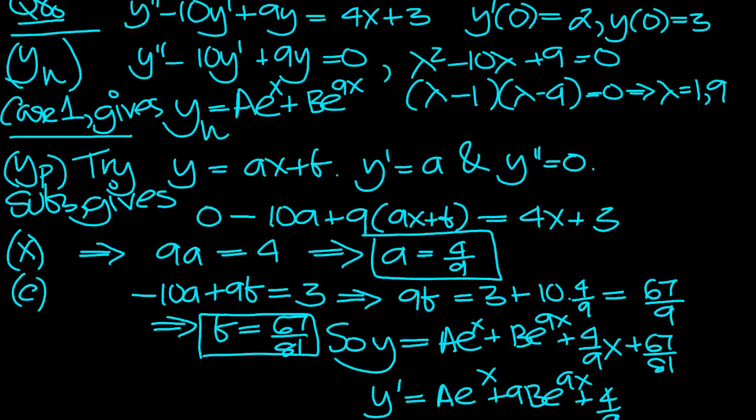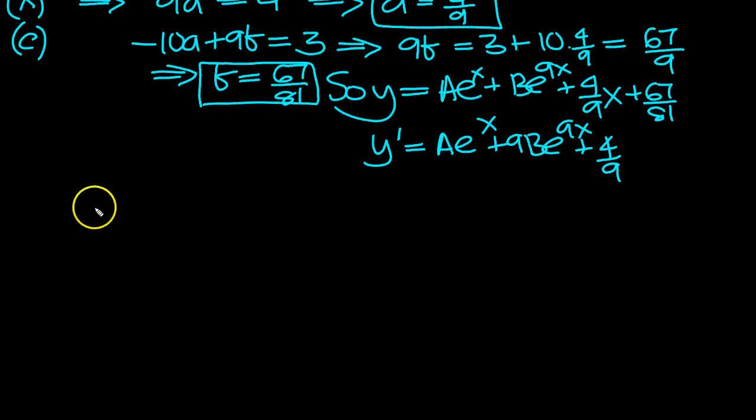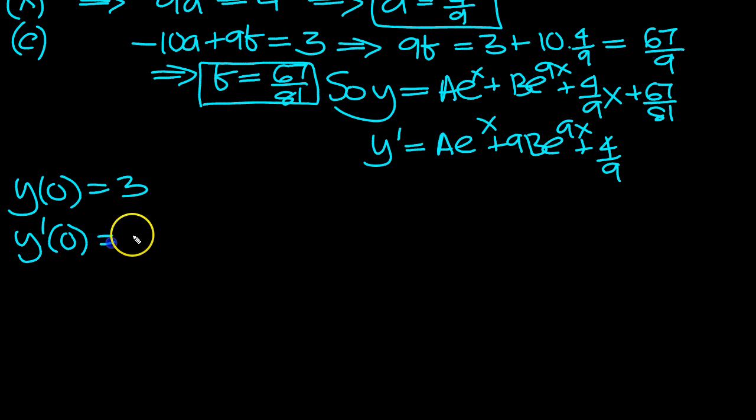Now we've got our two initial conditions, 2 and 3 for y dashed and y. So y of 0 was equal to 3, and y dashed of 0 was equal to 2. This one then, when x is 0, y is 3, put it in here. So 3, x is 0, A times 1 is A, B times e to the 0 is plus B. x is 0, so that goes, 67 over 81.